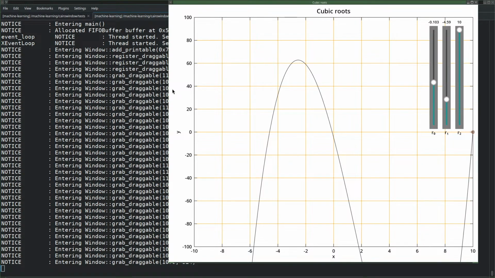So assuming R2 is larger than 0. Then, if the absolute value of the cubic at 0 is much smaller than the absolute value of, well, it's going to be negative in that case, the value at x minimum, which happens to be minus the value of the cubic at x minimum.